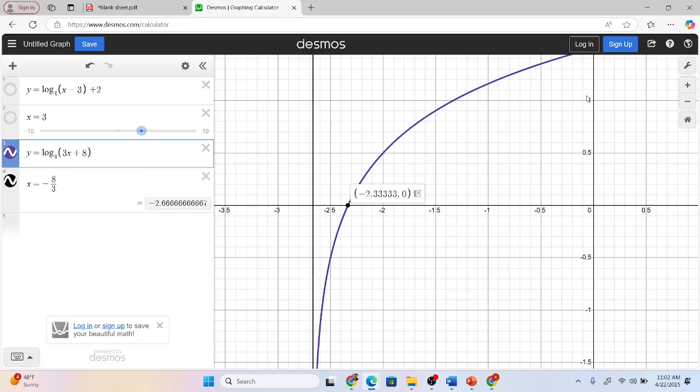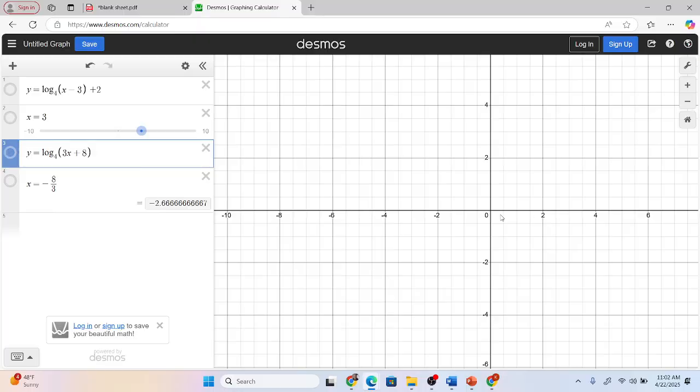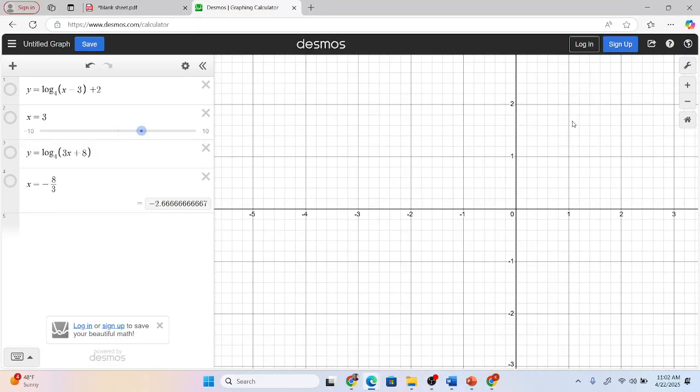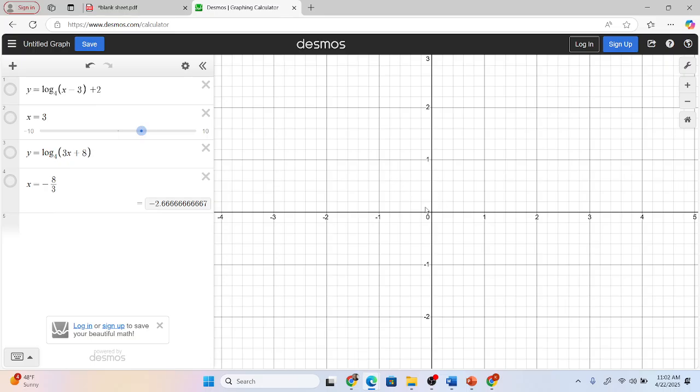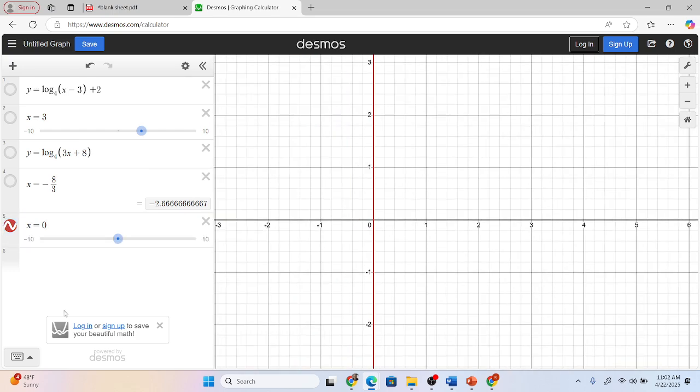So when we're talking about a graph that looks like this, this line is the y-axis, and this line is the x-axis.